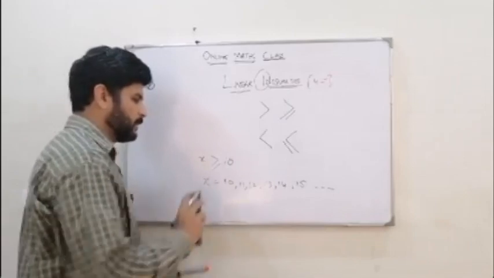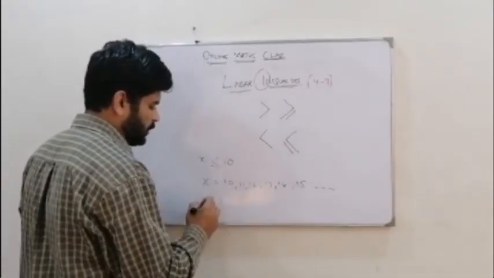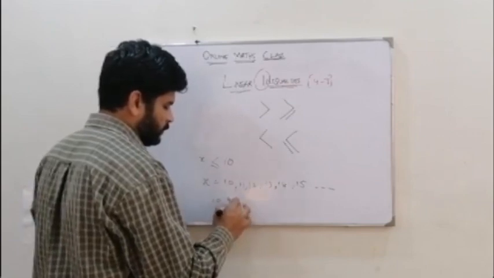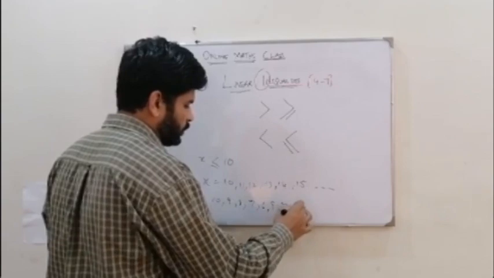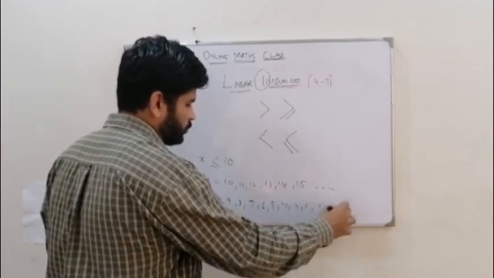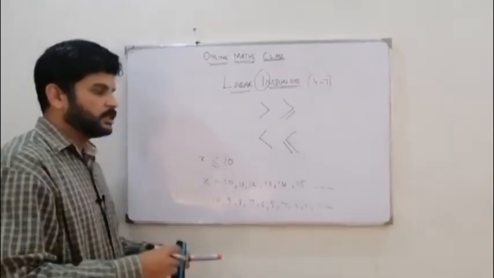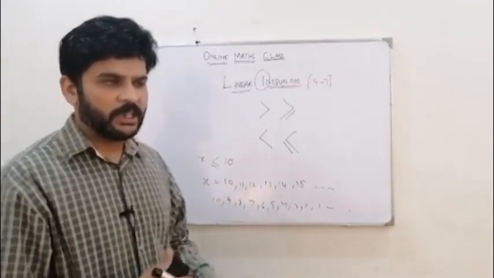Same goes for less than or equal. If you have less than or equal to 10, then x must be equal to 10, 9, 8, 7, 6, 5, 4, 3, 2, 1 and so on. So this is the basic concept of inequality. So I hope that you got the basic concept of this.